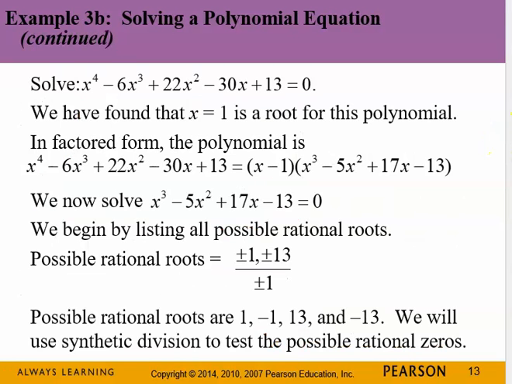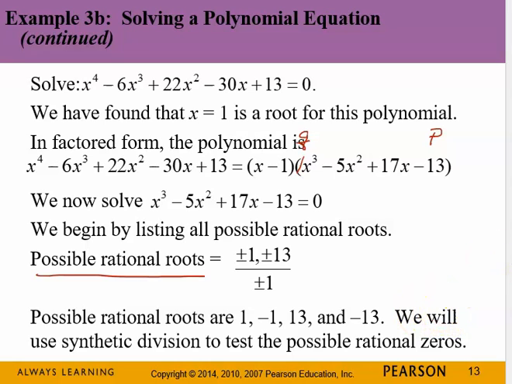Now, I've always liked the way they set these slides up because they're repeating what we've done so far. So now this is our q, which is still a 1, and our p is still a 13. So we get the same potential rational roots: 1, -1, 13, and -13.